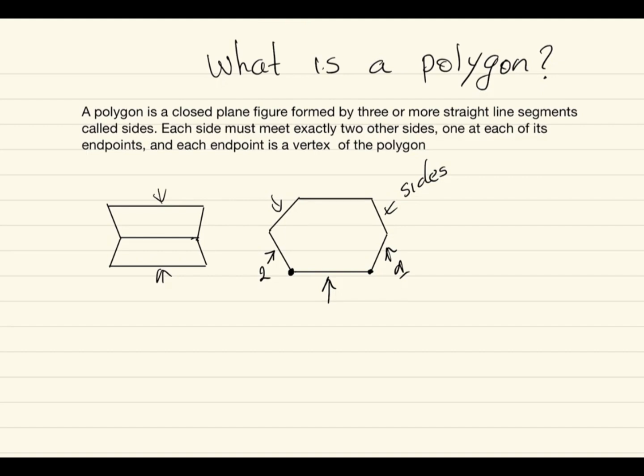Now, you can see this shape here that we have meets that criteria. So if you pick a side and you look at each of its endpoints, it's going to meet just two sides, one at each of its endpoint. But if, let's say, you try this one here, so let's pick this side on this shape. It has an endpoint here. It has an endpoint here. Now, you could see on this end, one endpoint has this side, one.